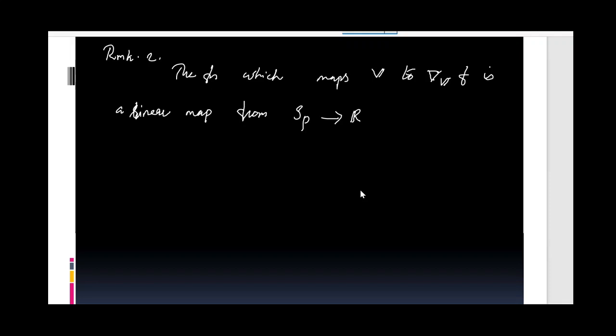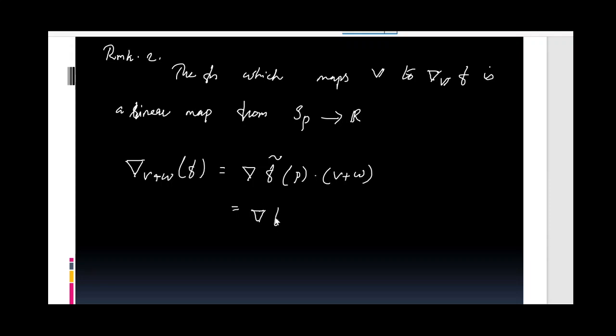So in particular, when v is tangent, let us see del (v plus w) of f. By definition, it is del f tilde of p dot (v plus w), and this is equal to del f tilde of p dot v plus, we know that the dot product is distributive over vector addition, so I am using that rule over here, del f tilde of p dot w.